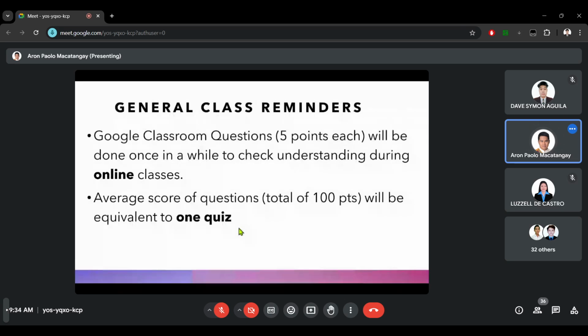So the grouping is again every session. At least one or two members from each group should be ready, such that when I call out the group to ask for something, maybe recitation or reporting, the designated person should be ready to answer. Any question before we move forward to the formal class?